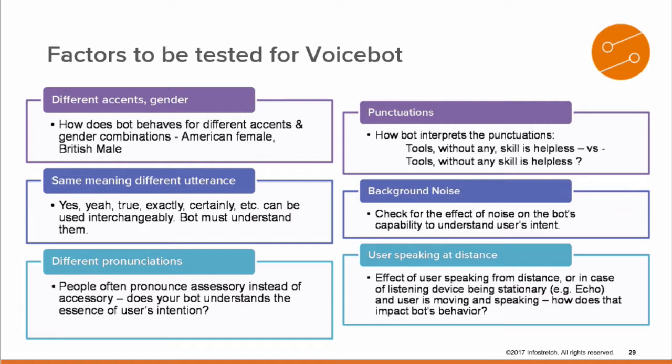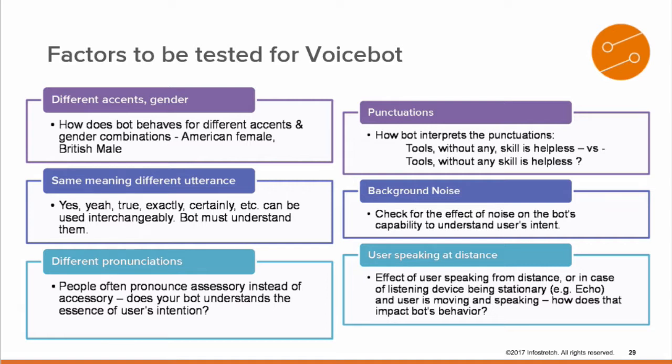We start with accents, for example. Mostly in our testing process, when we do test voice-based bots for our clients, we do find that accents are one of the prime causes when bots typically fail. No matter how much you've trained your NLP and your bot to take care of different accents, a lot of testing needs to happen around it, and hence that needs to be factored in.